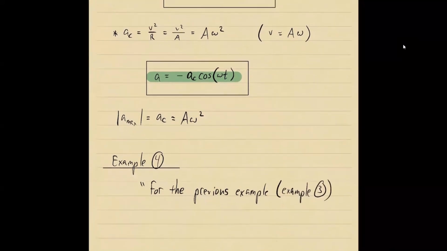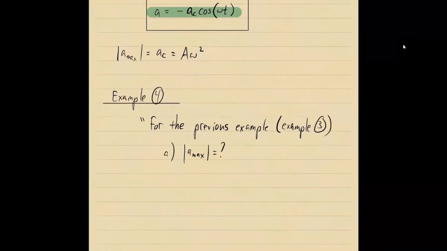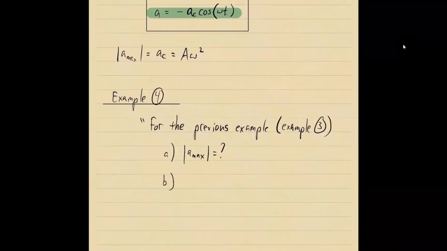What is the maximum acceleration of the diaphragm? Right, A max. And where does this maximum acceleration occur? So where does this maximum acceleration occur?